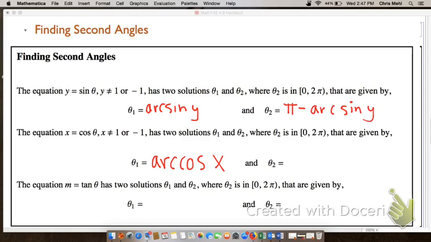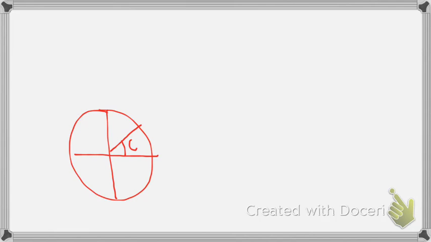Now for the second angle, let's assume again, here's my unit circle. Here's my theta 1, where theta sub 1 is arc cosine of x.